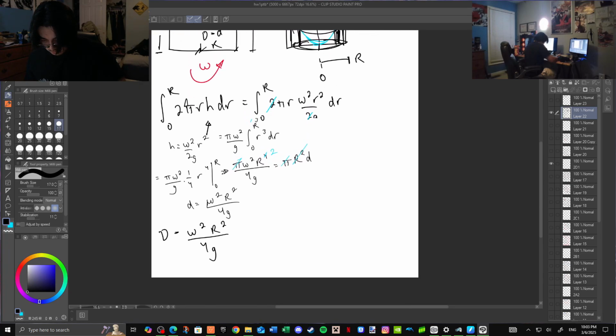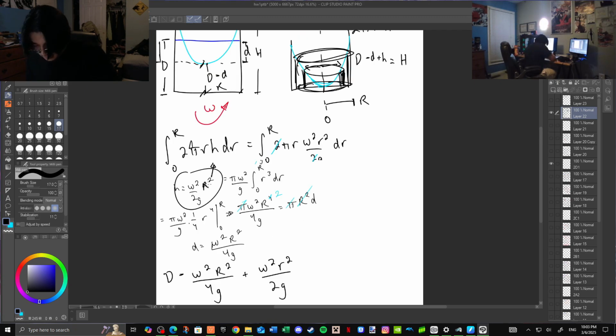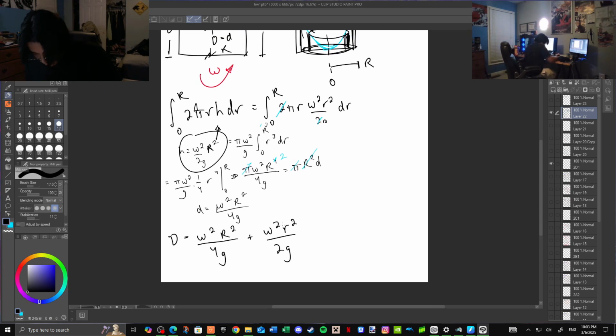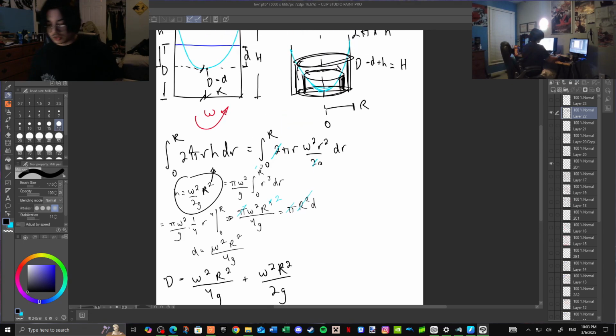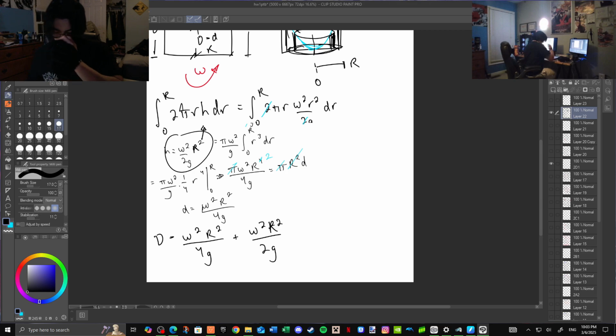And then plus little h. h we found over here: h is omega squared R squared over 2g. I actually did make a mistake a while ago. This is supposed to be just big R, not little r. And then all of this is equal to big H.